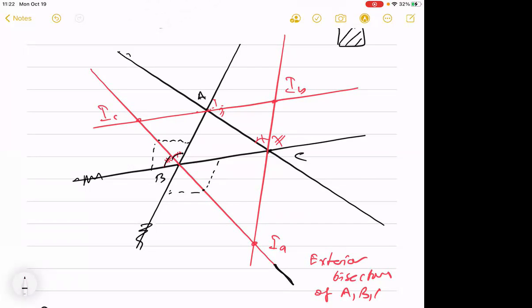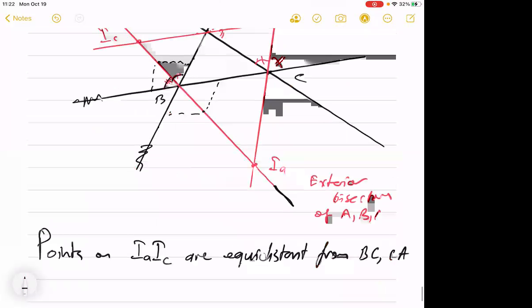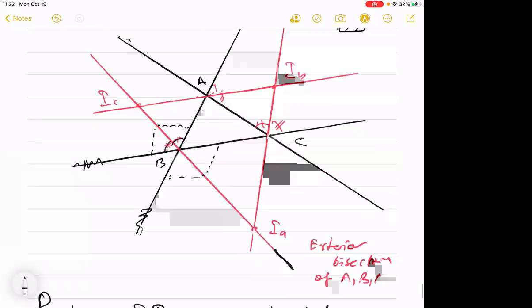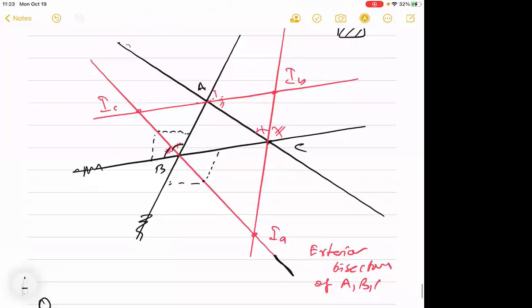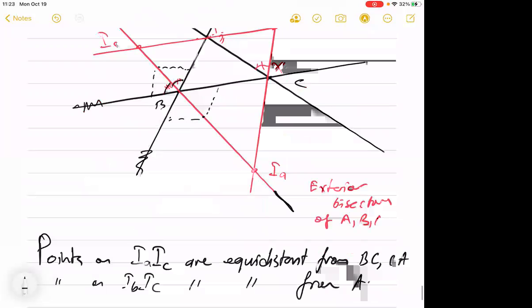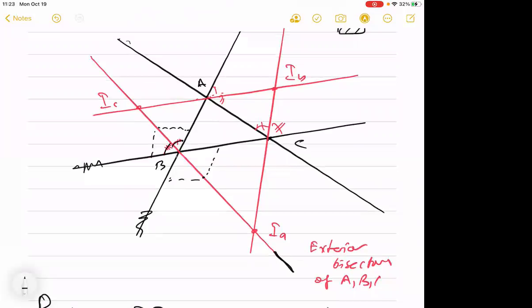And similarly for IB and IC. So the points on IB and IC are equidistant from, so it is an angle bisector of AB and AC. So if you take a point here, its distance to this line and that line is the same.